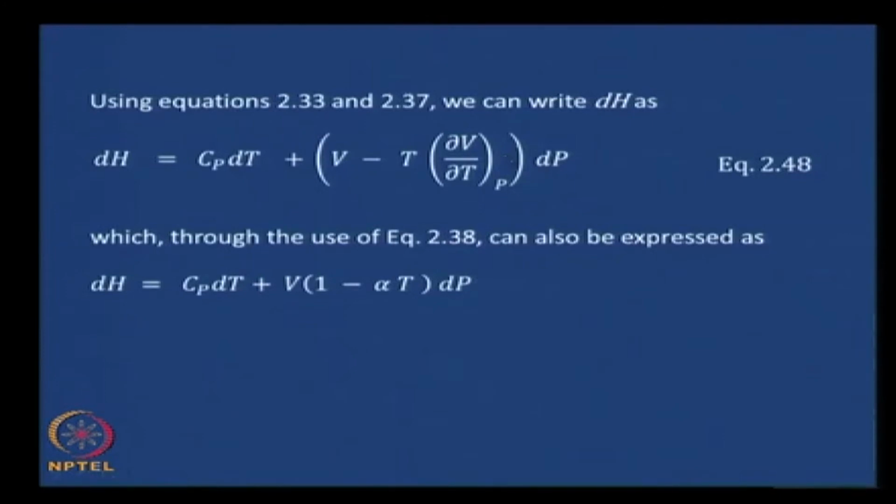Expansivity was 1 by V (∂V/∂T) at constant P, and therefore you could replace this with V minus alpha V T, and if you take V common out you will get V times (1 minus alpha T) times dP, and of course the Cp dT remains here, which equals a total differential. Let us call this equation 249.